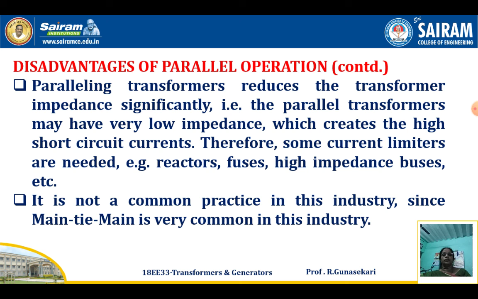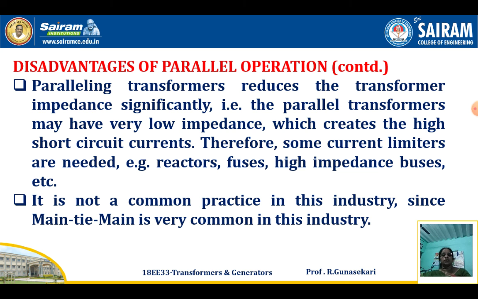The low impedance creates a high short circuit current, because Z naught 1 is obtained when the transformer is conducted for the short circuit test. The formula is impedance equals short circuit voltage divided by short circuit current.